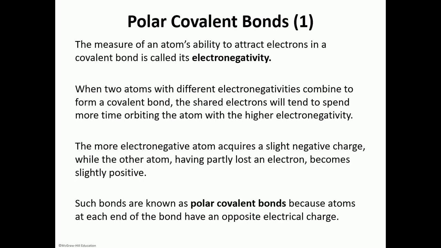And so they're still sharing electrons, but their sharing is not equal. The oxygen takes the electrons a little bit more and longer than the hydrogens do. So the oxygen side of water is negatively charged, while the hydrogen side of water is positively charged. And we call that a polar covalent bond.